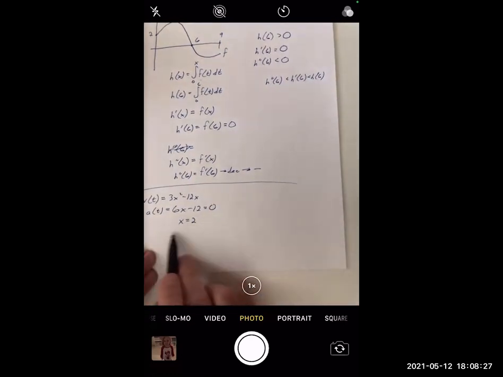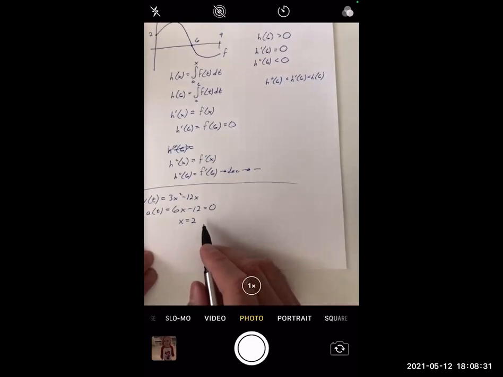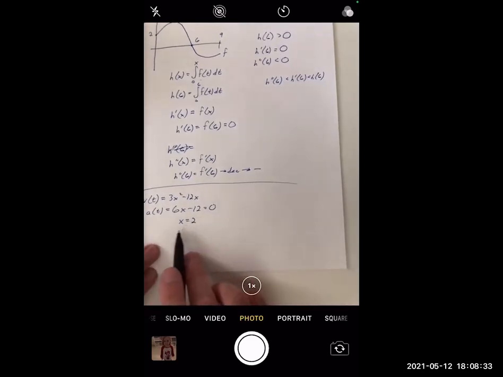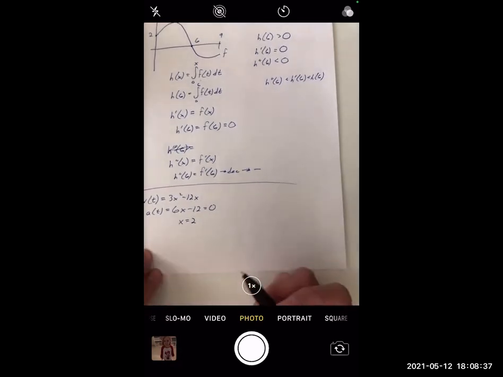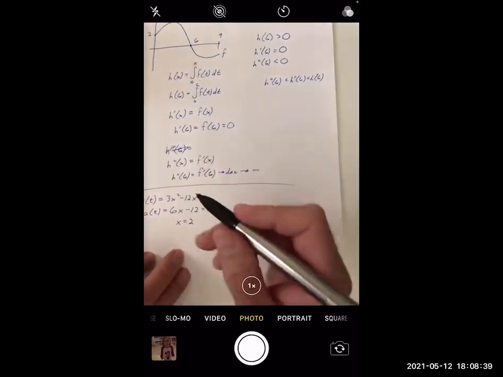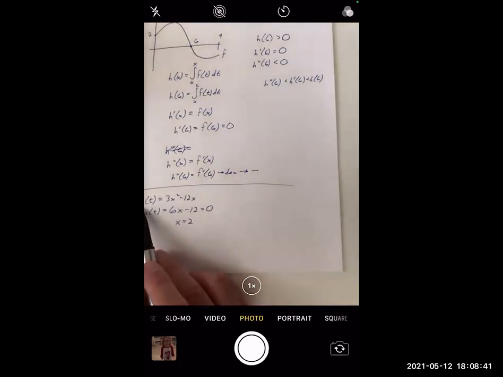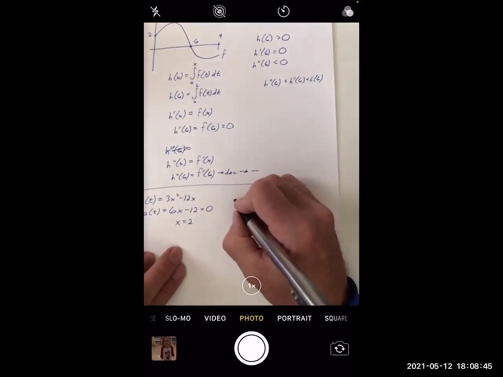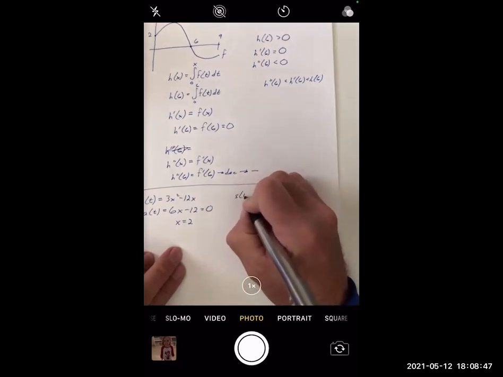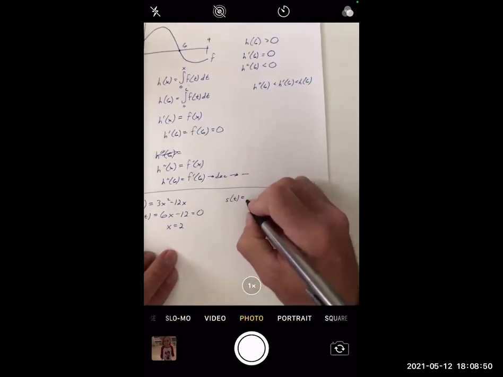So we're going to hold on to that and we're going to use it a little bit later. So it wants to know the position when acceleration is 0. So we need to know the position when x is 2 or when time is 2. So now you need to go the other way. So you have velocity, now you have to get to position. So we're going to integrate the velocity.